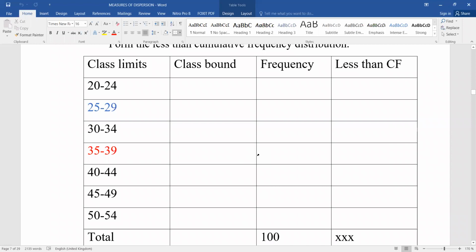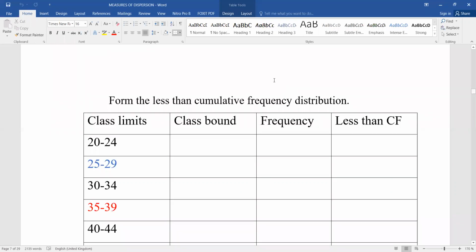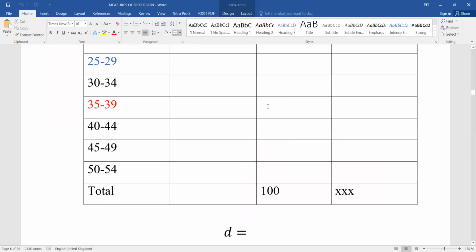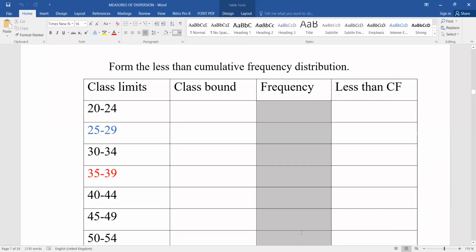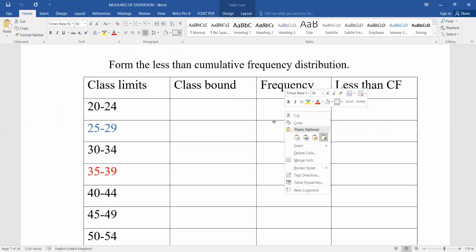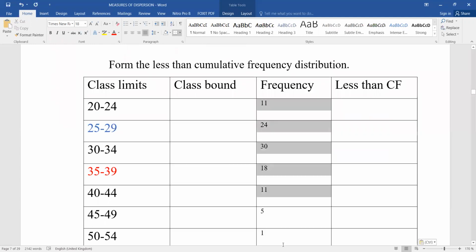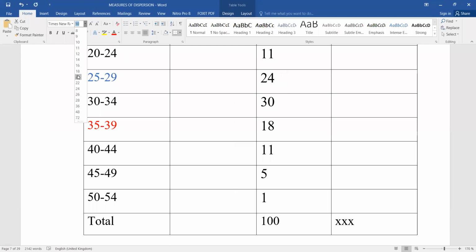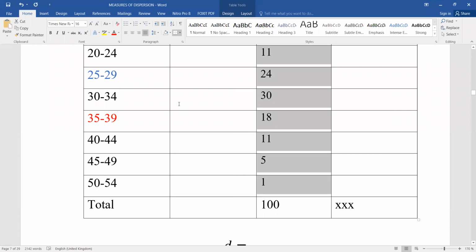So the first thing you're going to do, let me just copy the frequency. All that we need is the frequency. Let me paste it there and enlarge this and make the size 16.